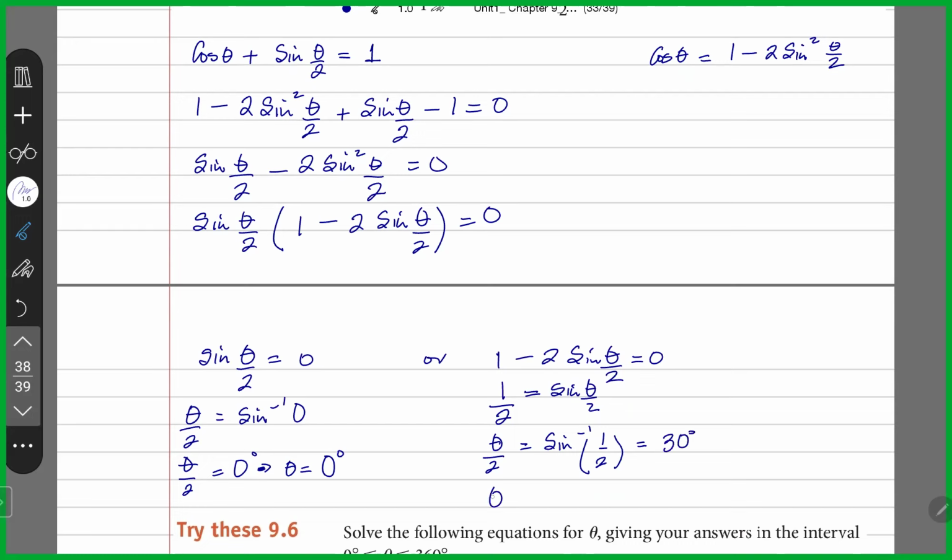And so theta would be equal to 2 times 30 degrees, which is equal to 60 degrees. All right, so those are my answers. So therefore, theta is equal to 0 degrees and theta is equal to 60 degrees.